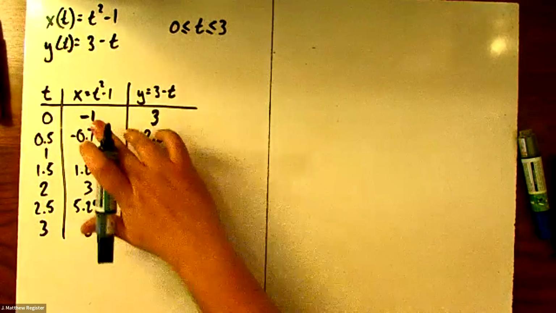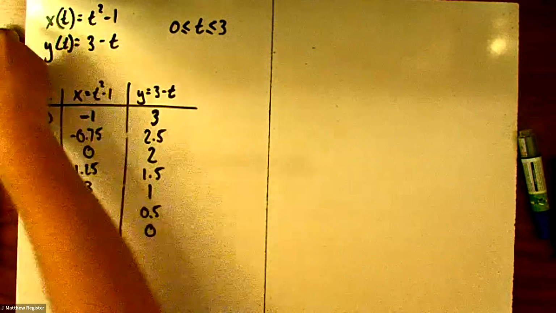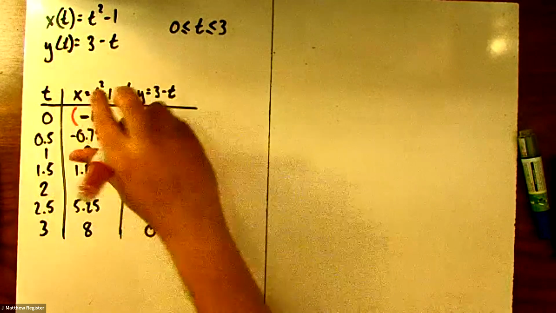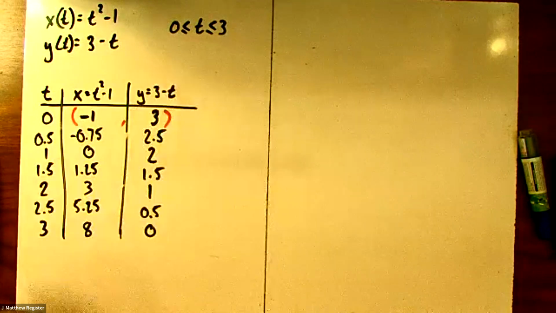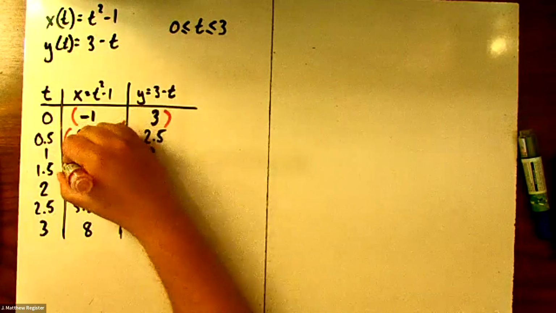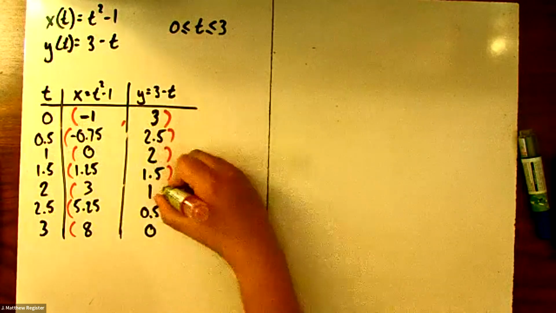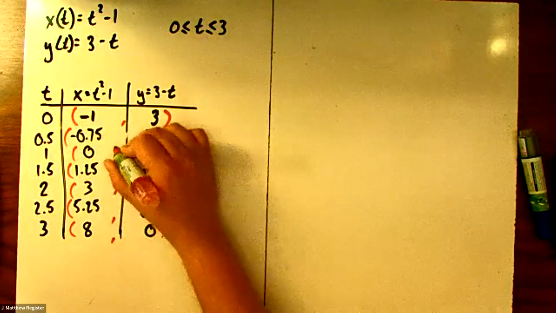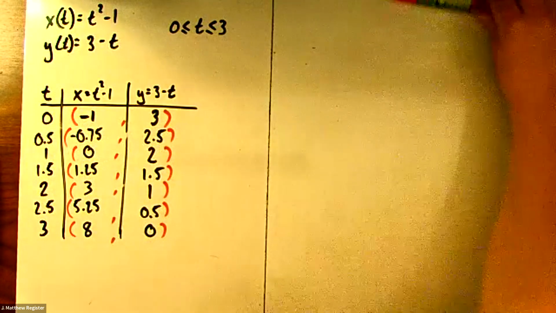So these now form ordered pairs. In that, we can think of this as corresponding to the x value, and this as corresponding to the y value. We can do that for all of these. And I'll just throw a little comma in there. And these are our ordered pairs, which we are now going to graph.